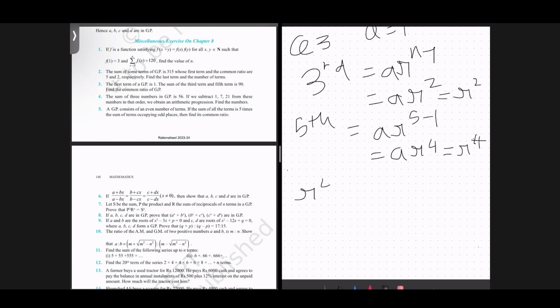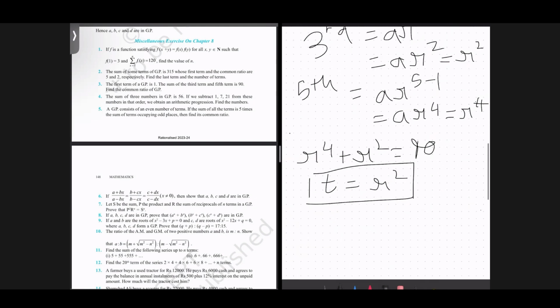So r^4 + r^2 is going to be 90, and we will not be able to solve this equation easily when you have powers of 4. So to simplify this, let's say t equals r^2. Let's substitute this, and then we'll be solving for this equation itself.